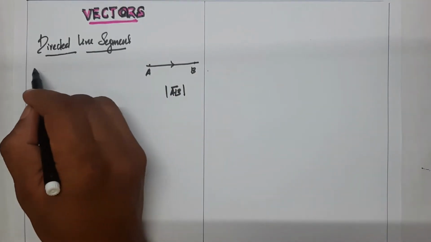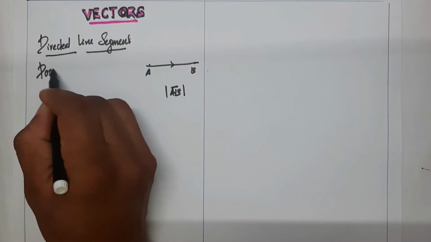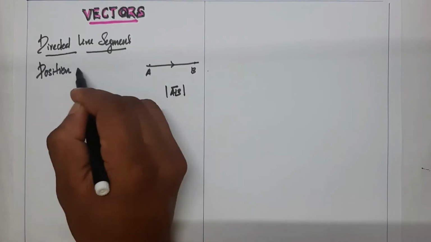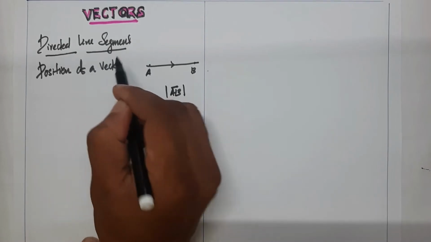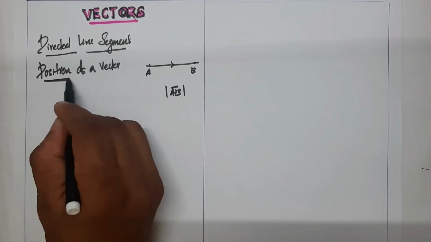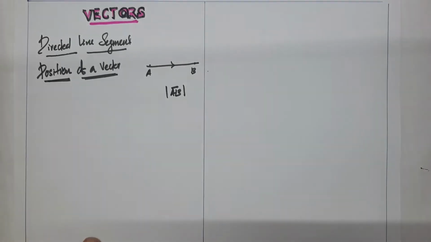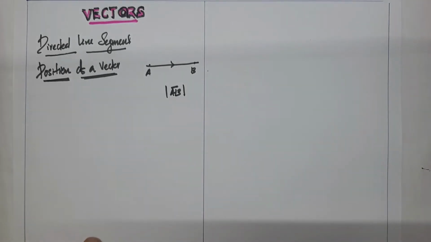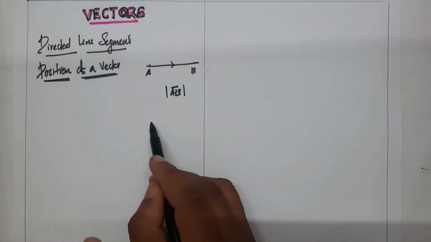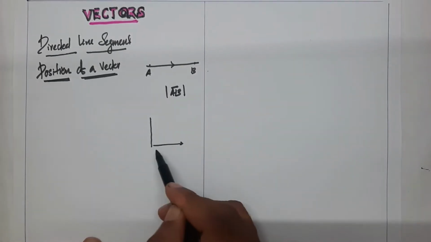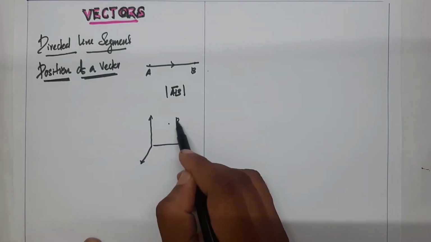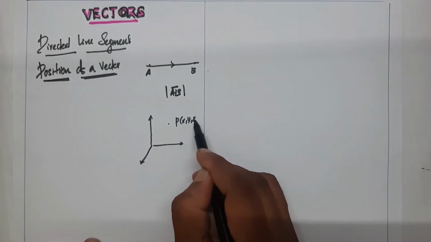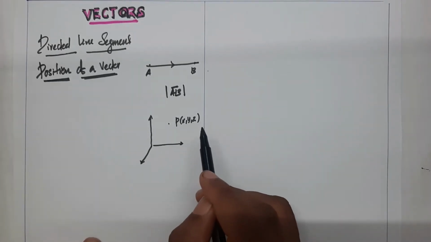Now we define the position vector. What is the position vector? Suppose P(x, y, z) is any point in space.